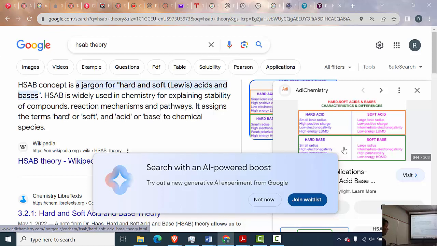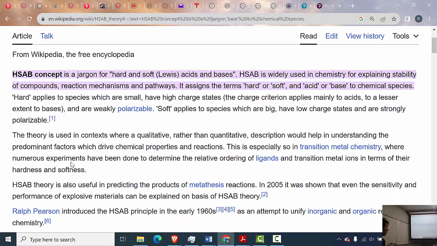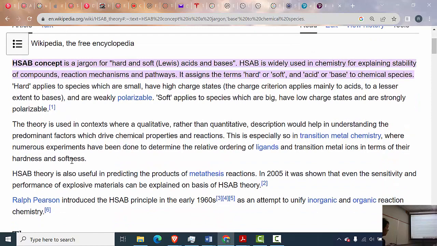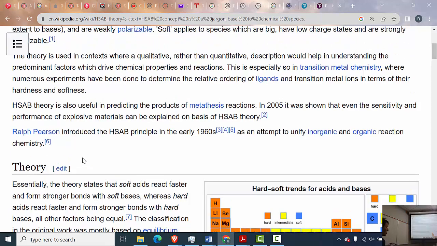How do we form bonds? We form bonds by LCAO. LCAO is another acronym that you should know, which stands for linear combination of atomic orbitals. And what combinations are good? Soft-soft, hard-hard are good combinations.